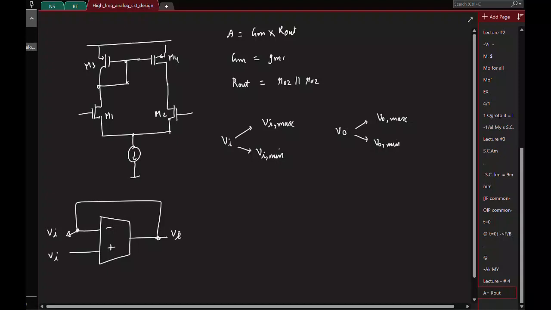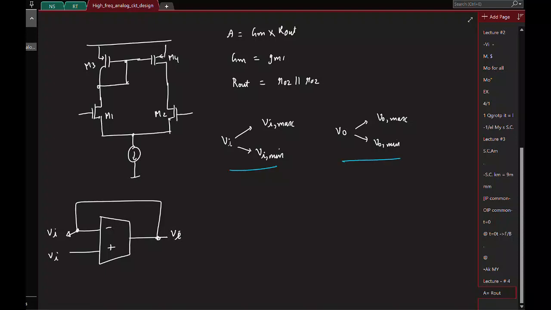So although independently the input and output have a range of voltages that can be tolerated, when you put it in a feedback like this, what I'm saying is, if I don't make this connection, at the input I'll have some minimum voltage that I can apply, and at the output there is some minimum I can apply. Now I'm enforcing Vi to be equal to V out. So what is the absolute minimum I can apply? There are two minimums. Which one will I choose? Let's say this is the range from 0 to VDD.